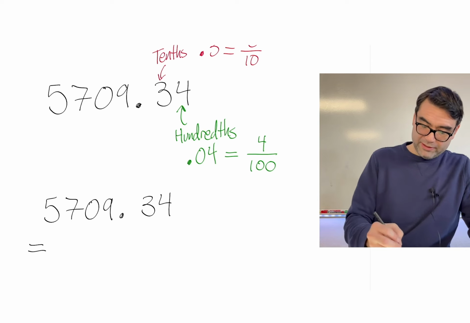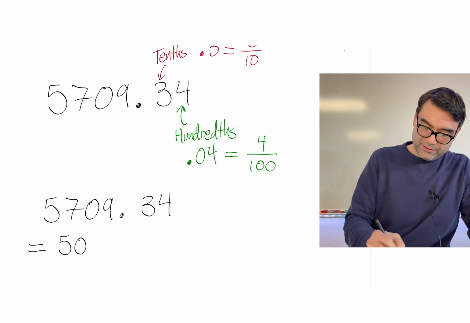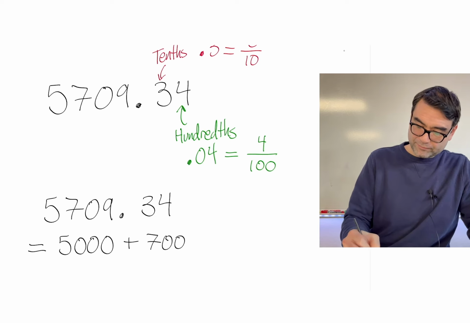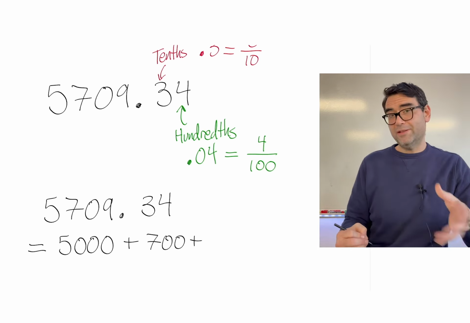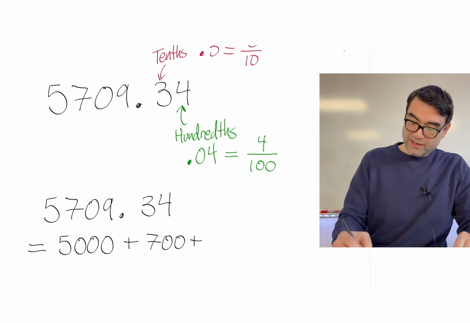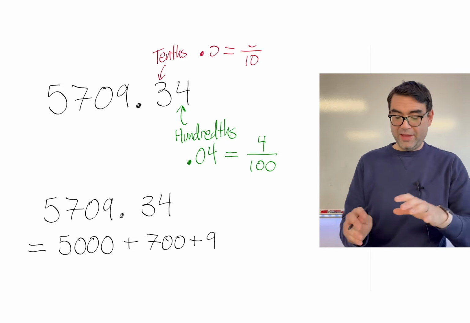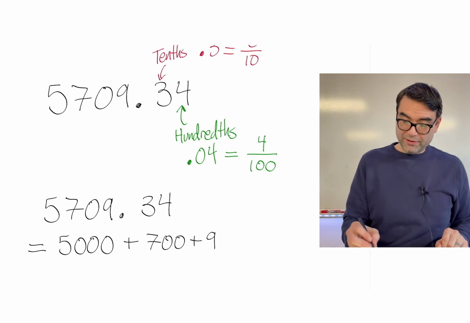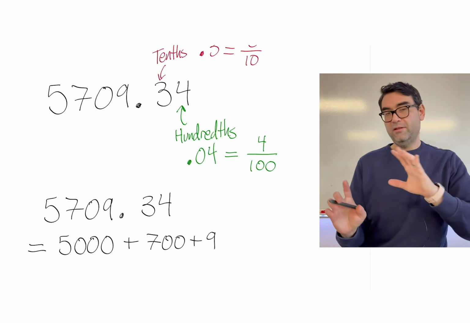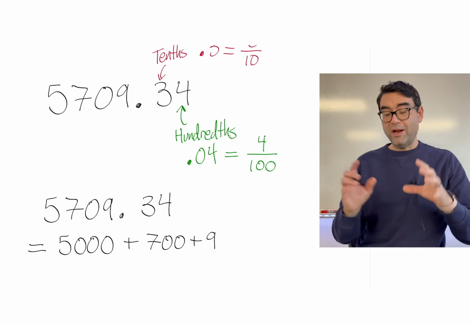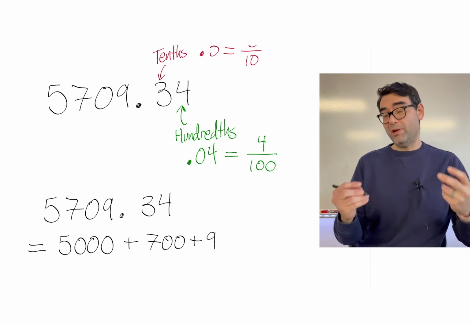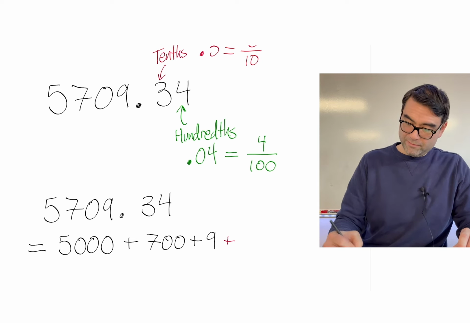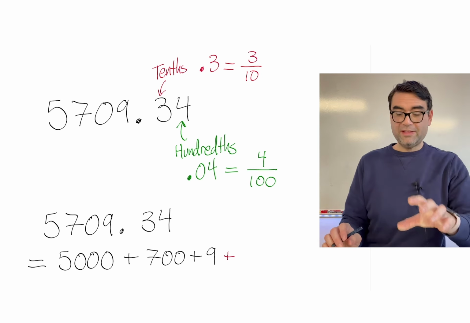This would be written as 5,000 plus 700 plus no tens, so we won't write a value for the tens place, plus 9 ones, and that's everything on the left side of the decimal place, and they're all whole values. And then when we go to the right side of the decimal place, now we're talking about parts of numbers or pieces of numbers. So these will be my tenths and hundredths place that I wrote.